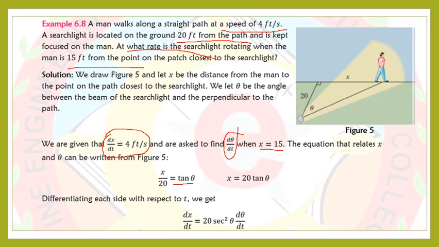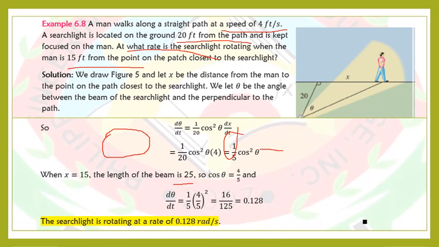So, secant squared theta, d theta over dt. Okay, solving for d theta over dt doon sa na-obtain natin na formula is equal to 1 over 20 cosine squared theta dx over dt, or this is equal to 1 over 5 cosine squared theta.